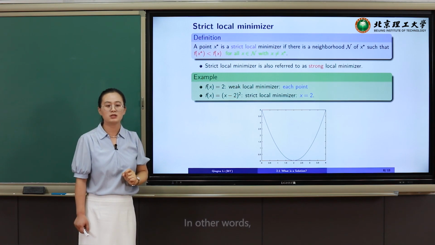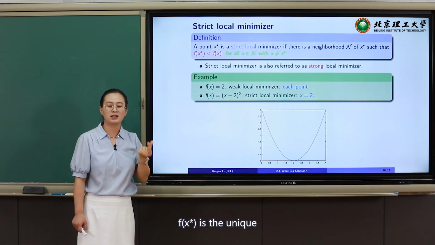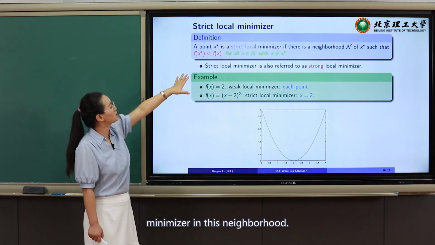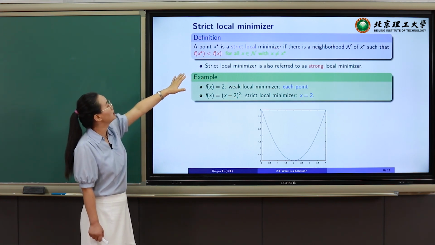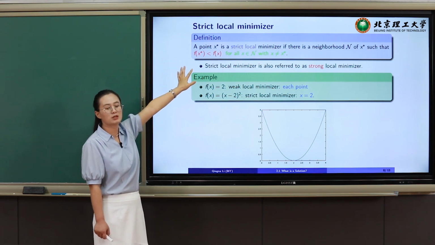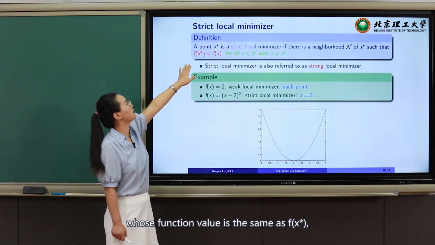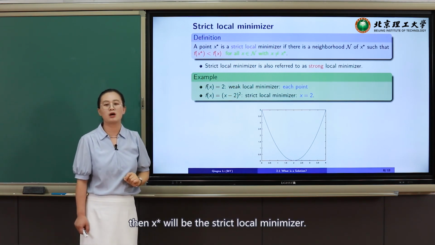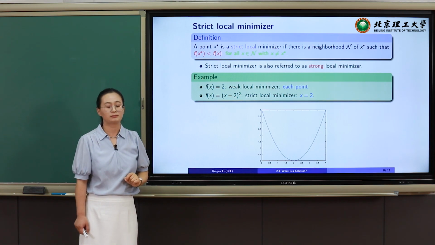In other words, x star is the unique minimizer in this neighborhood. So there are no other points whose function value is the same as f(x star). Then x star will be the strict local minimizer.